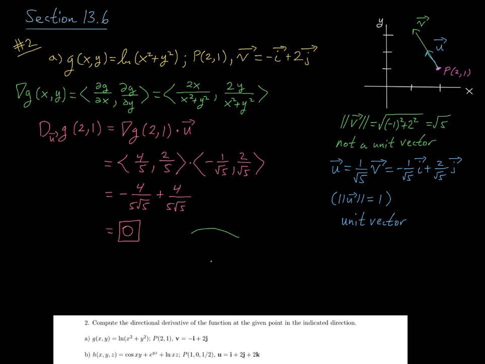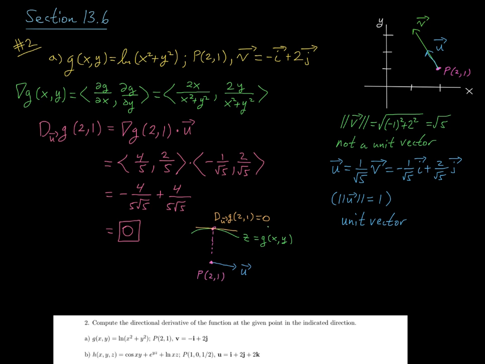Here's our point P down in the xy plane, and up here is our surface z equals g of x, y, and we're walking in the direction of the vector v, which is equivalent to walking in the direction of the unit vector u. But the point is that we are at a plateau. The derivative here is 0. All right, so that is part A.